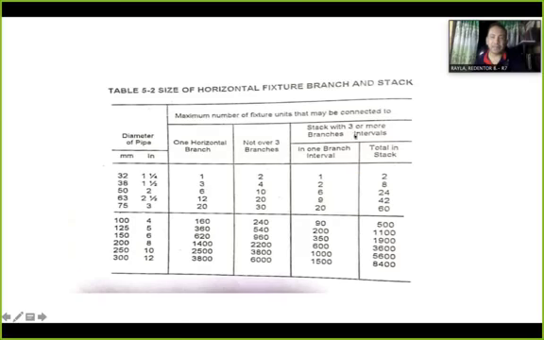So with stacks, if you talk about stacks, the soil stack or waste stack, with three or more branches, so that is more than three. So how do you compute the diameter of the stack? For example, in one branch interval, so one branch lang.